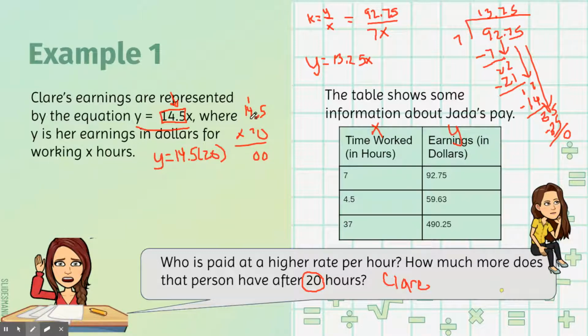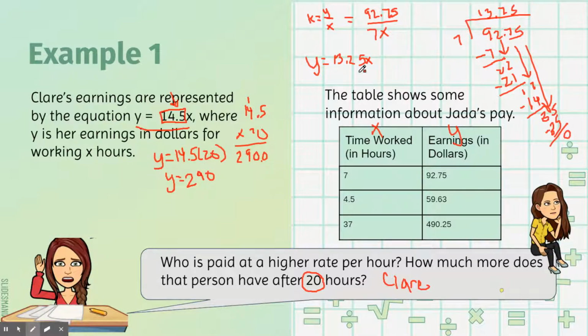Carry the 1. 2 times 4 is 8 plus 1 is 9. 2 times 1 is 2. Now I have to put 1 decimal place in. So Claire, after working 20 hours, makes $290.